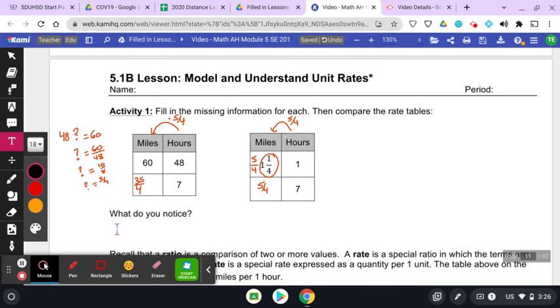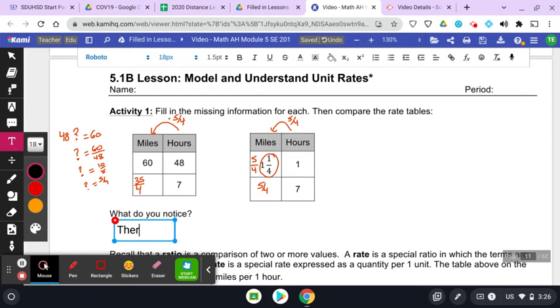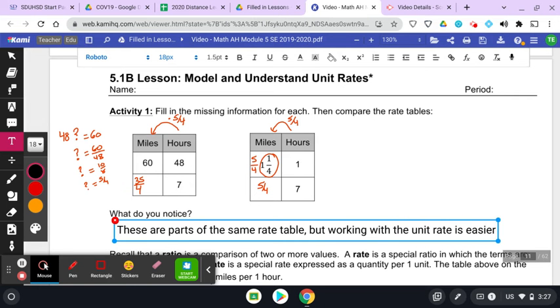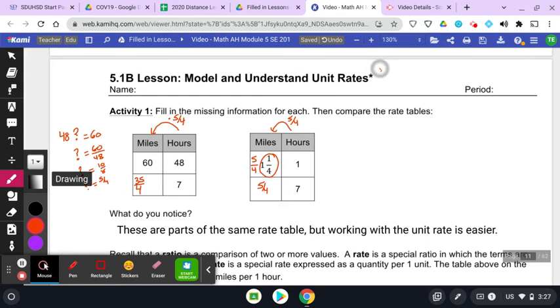So these are parts of the same rate table, but working with the unit rate is much easier. Okay, so unit rates, they make your life easy.